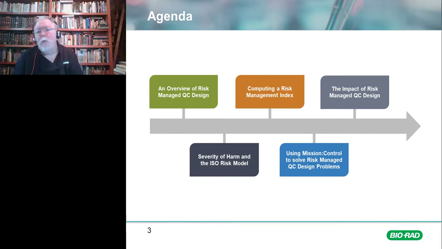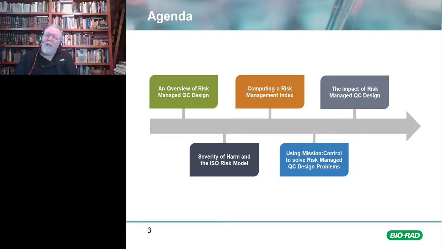And so what we'll see is that a risk management index, RMI, is a very concise way to summarize exactly what the strategy is that I have, and what the risk is that I have in my test method when it comes to controlling the risk of patient harm from erroneous results.